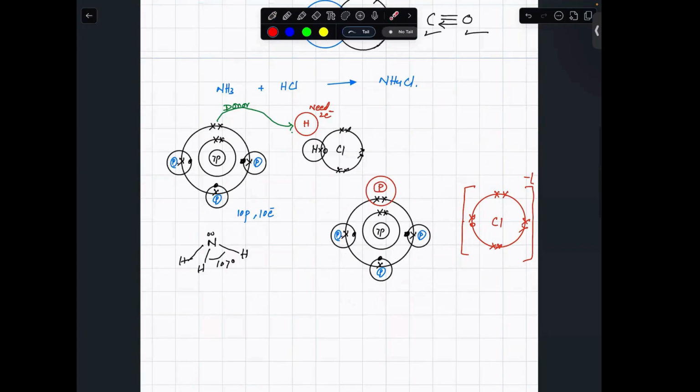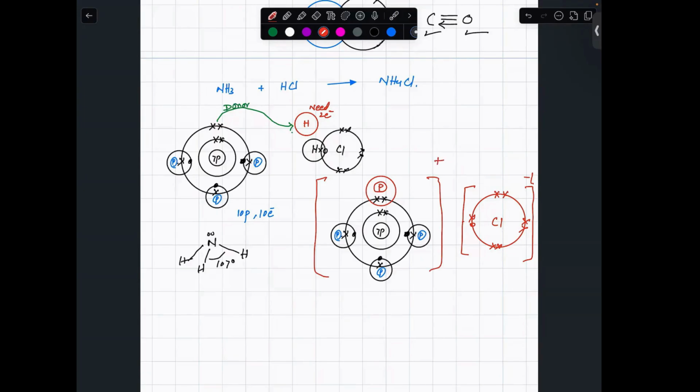Look, the Cl takes the electron of the hydrogen. The hydrogen is not having any electron. It comes to the ammonia. Repeating: Cl takes its own and the hydrogen electron going this way, becoming negative. Hydrogen has no electron. It needs 2 electrons to complete the last shell. It shares the electron with the nitrogen of the ammonia. Now, this whole becomes positive.